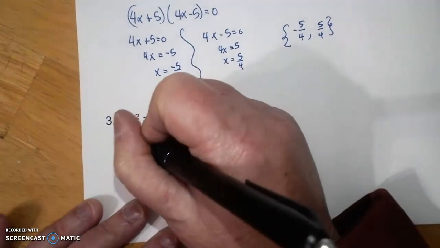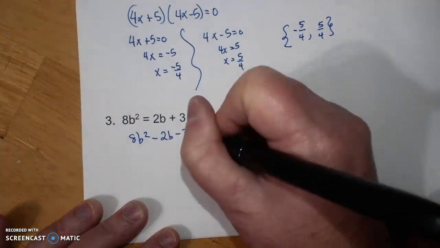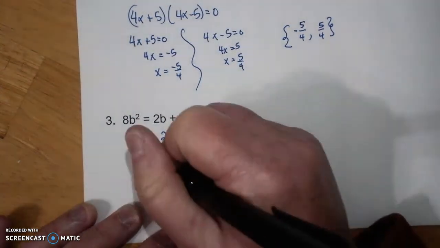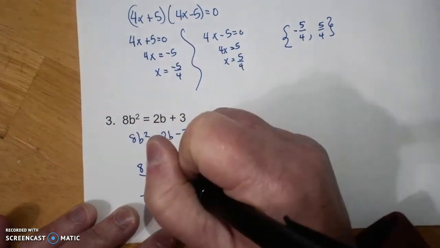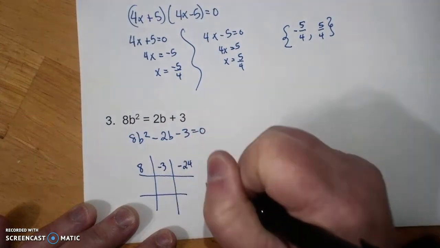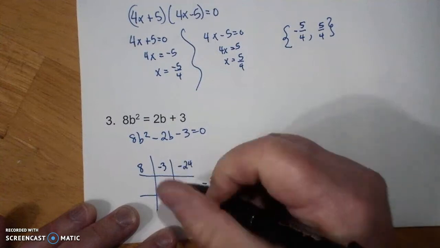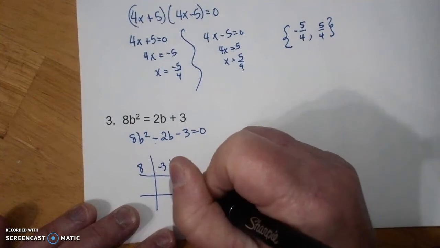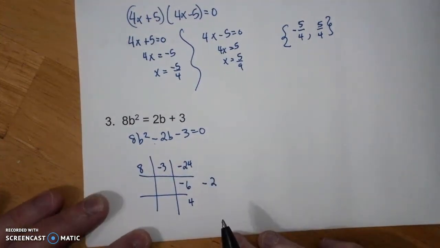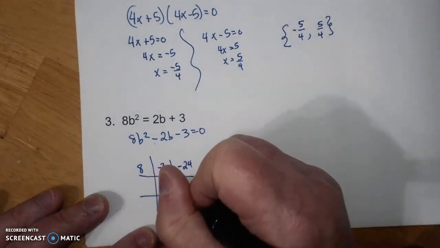Set equal to 0. 8x squared minus 2x minus 3 equals 0. My favorite way to factor is tic-tac-toe. 8 times negative 3 is negative 24, and the sum has to be negative 2. 6 and 4, the larger has to be negative, so that's a negative 6. That's a 3.